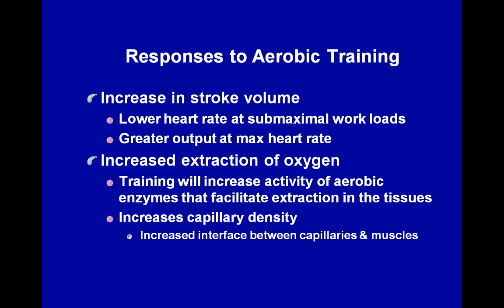So that also helps me get oxygen from my blood into those capillaries, or from those capillaries into those exercising muscles, and I'm going to have an increased density of mitochondria. So their mitochondrial aerobic enzymes are more fully developed. They have greater capacity, and I've got more mitochondria per unit of muscle mass, so I'm able to do more aerobic work.